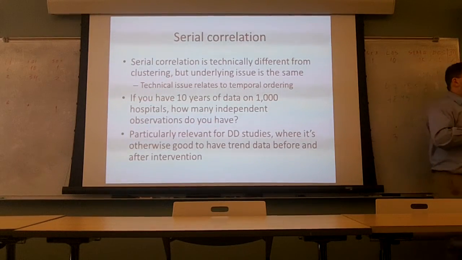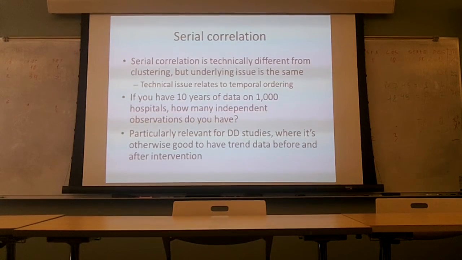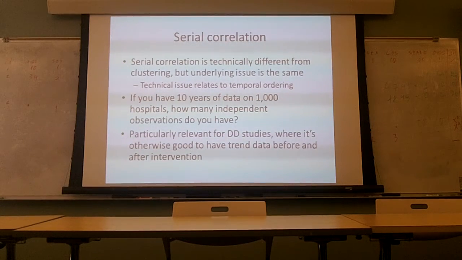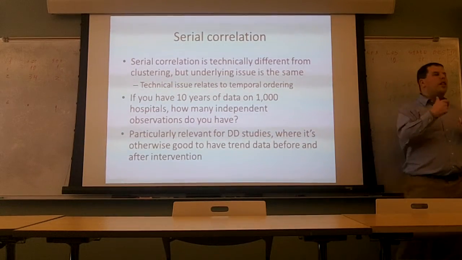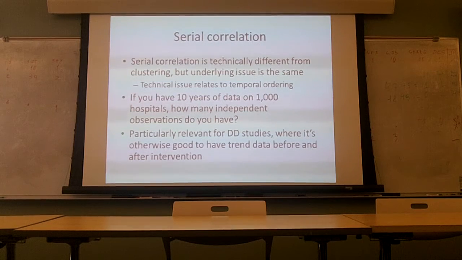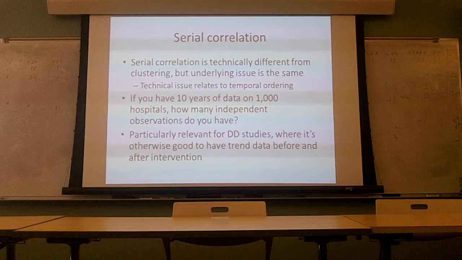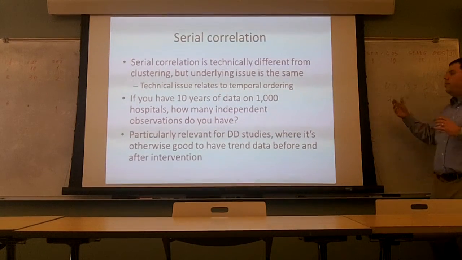Well, I told you before it's good to have pre-data to be able to tell whether the pre-period slopes, the trends, are parallel to each other, right? But the longer you go, the more likely you have this problem of serial correlation, which is intertemporal: you're measuring data on the same unit multiple times, so there's going to be a natural correlation in those observations because they are from the same unit.